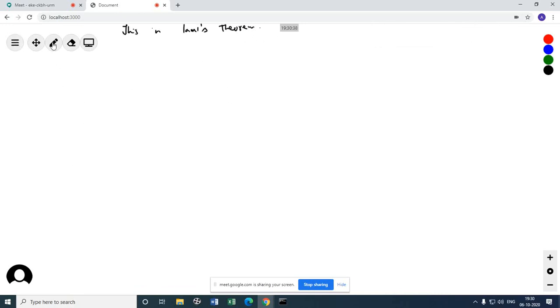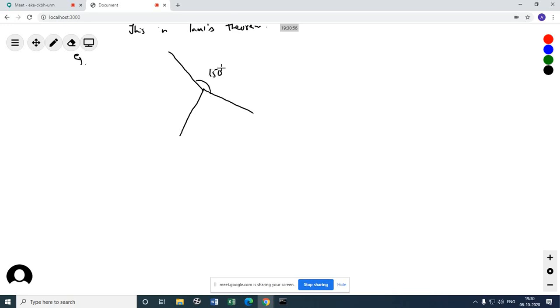For example, I'll give you this question. These are three forces which are acting at a point like this.